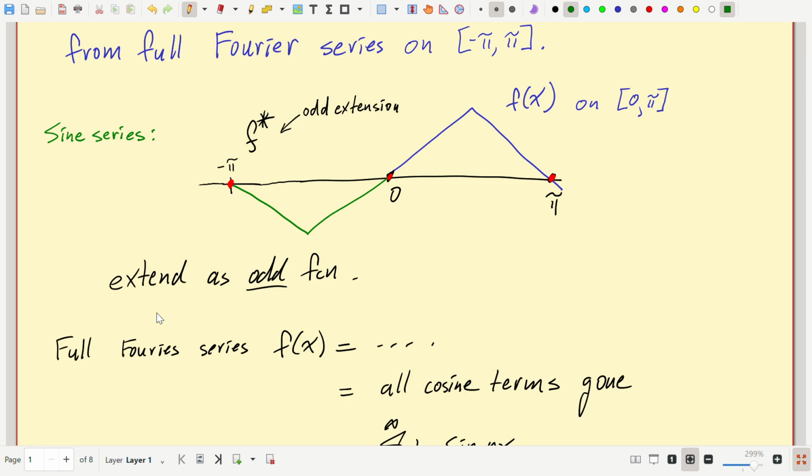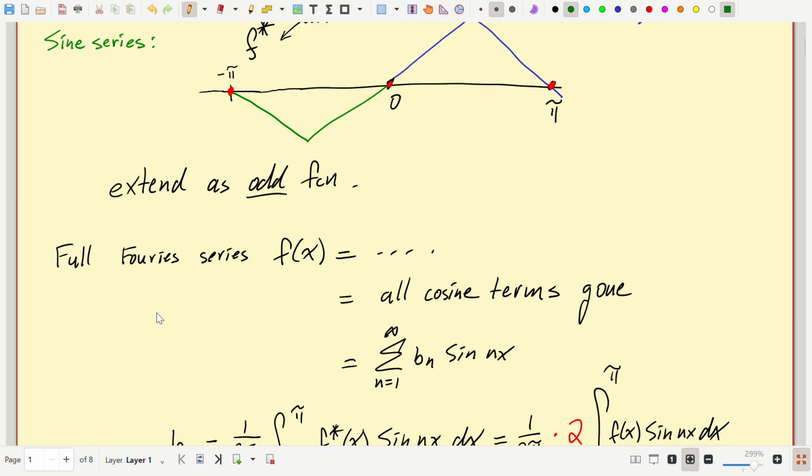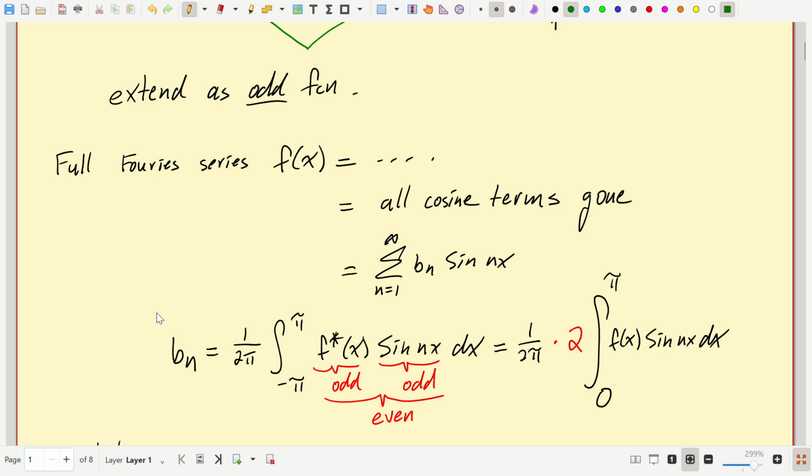And the thing we realized last time was that if a function is odd, all the cosine terms, those are the even terms in the Fourier series, are 0. So there are no cosine terms in that series. So for that odd function, the Fourier series on the whole interval is just the sum of the sine terms, b_n sine nx. In those b_n's, this is the formula for the b_n's in the full Fourier series.